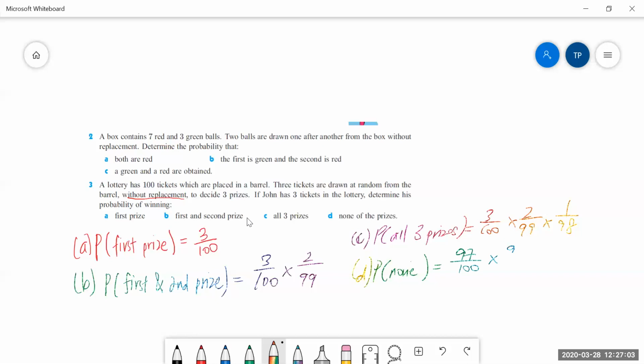96 over 99. Why 96? Because after one ticket has been taken out, they're only left with 99 tickets, right? But why is it 96? Because there are still three of John's tickets in the lottery.